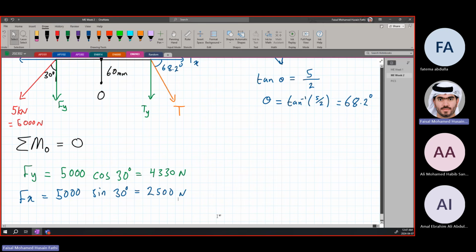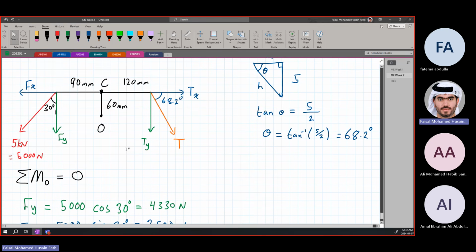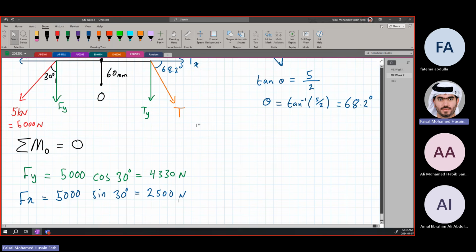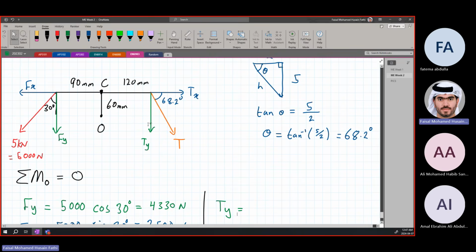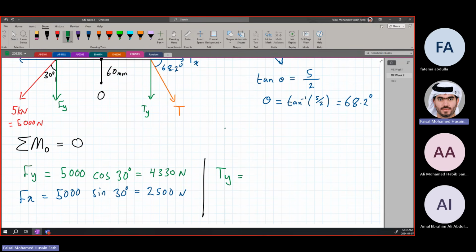Okay, so we got the Fx and Fy values. Now we're going to look at the right side, the T. We know that Ty, let me do it in the same colors. Ty is T times sine of 68.2 degrees, because it's opposite.